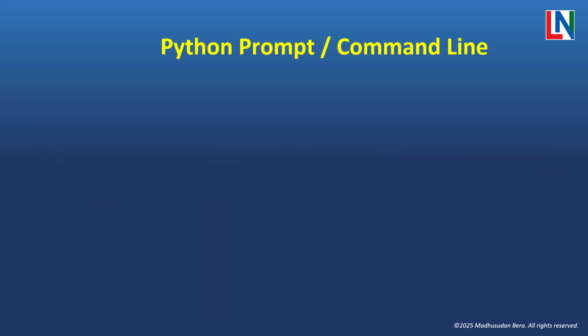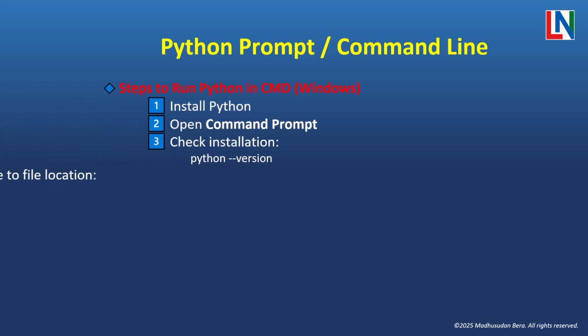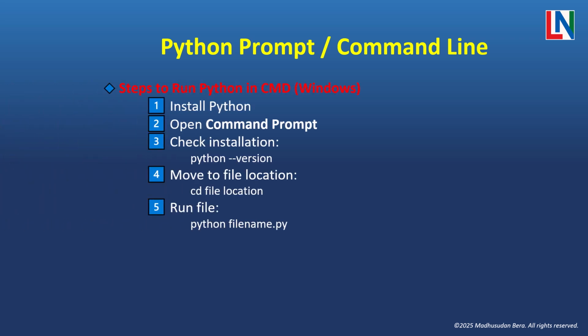Run Python in command prompt or command line. Steps to run: at first we have to install Python, then open command prompt, then check the version by typing python --version and pressing enter. Move to the file location by typing cd followed by the file location.